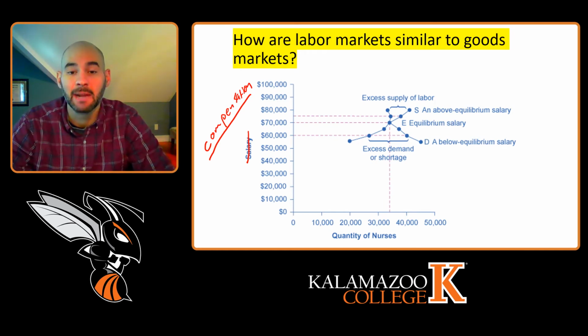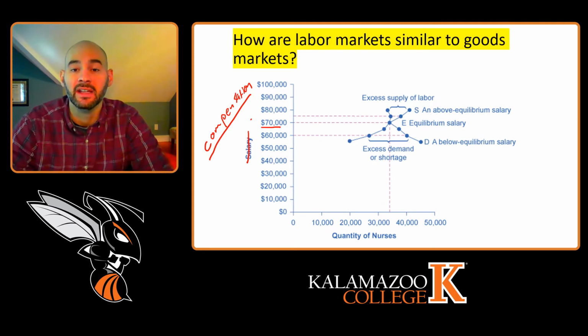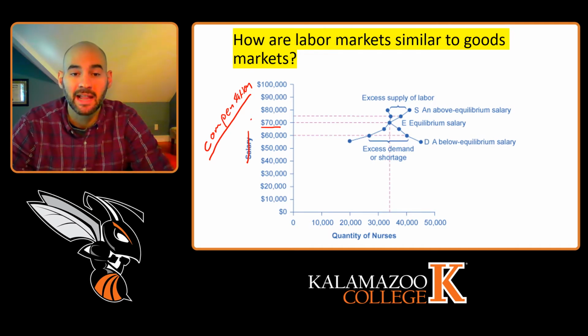So if we think of this hypothetical market for the labor of nurses, and the annual salary in this case is $75,000 and we think of the equilibrium salary as being $70,000, then there will be more nurses willing to work at a salary of $75,000 than there are positions demanded for those nurses.